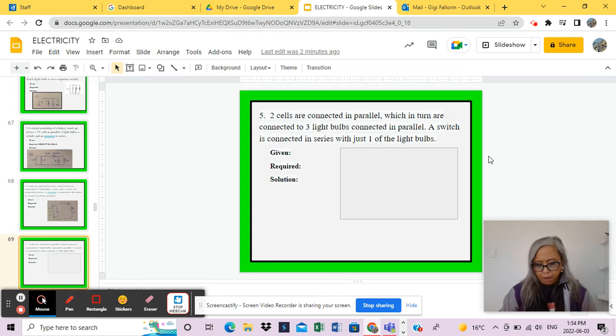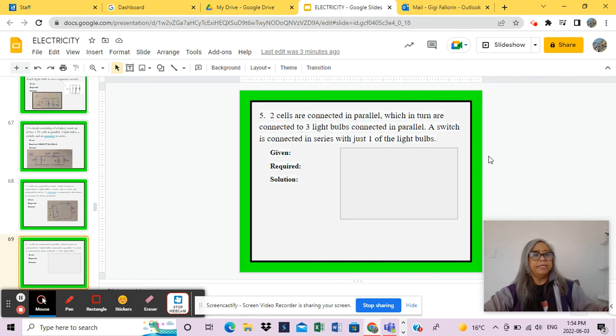What else? Three bulbs, a circle with an X, and a switch, which is connected in series, right? The switch in series, and it says here, with just one of the light bulbs.